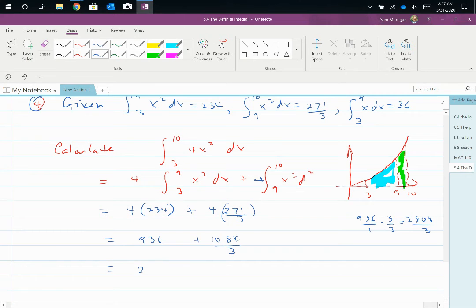So this is 2808 over 3 plus 1084 over 3, which is equal to 3892 over 3.